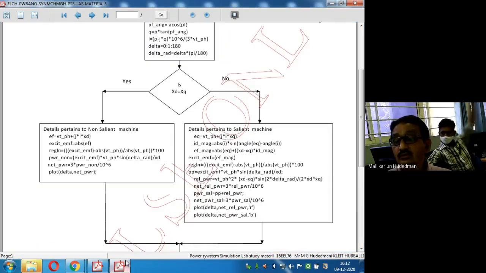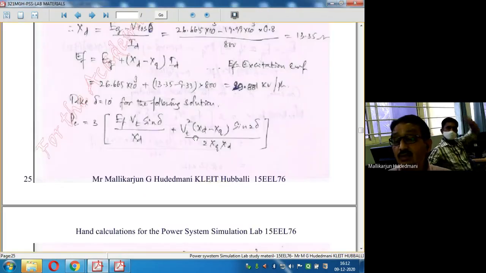You notice here, PP equal to EF VT sine delta divided by XD. I am doing PP as a first term separately. Then the second term was reluctance power. This is called reluctance power, progressing at twice the frequency, twice the rate of the fundamental frequency.